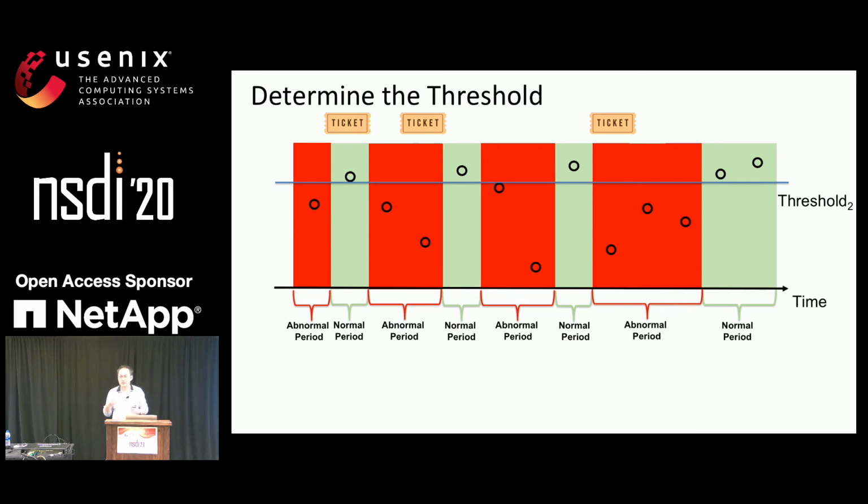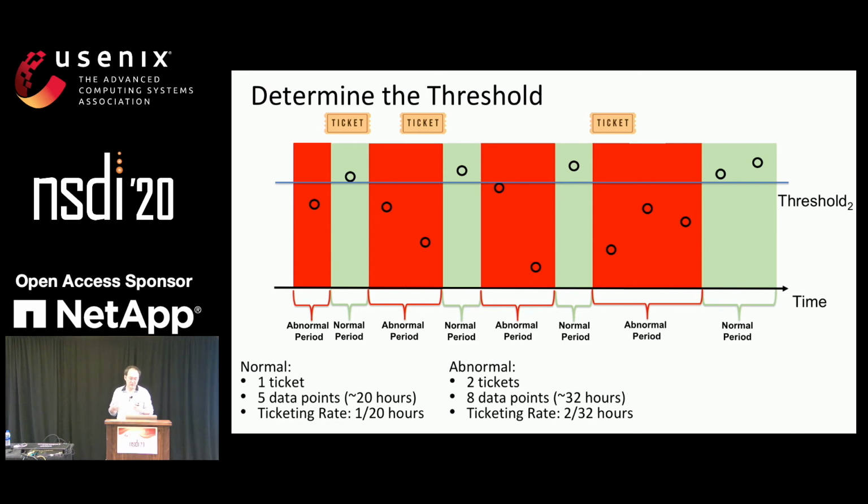If we raise the threshold from threshold 1 to threshold 2, then we have more abnormal points and therefore more abnormal periods. And of course, we can still calculate the normal ticketing rate as 1/20 and the abnormal ticketing rate as 2/32 in this example.